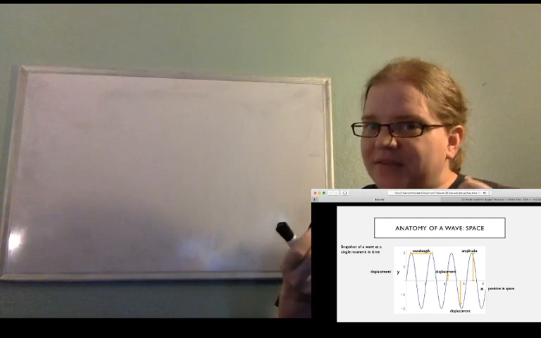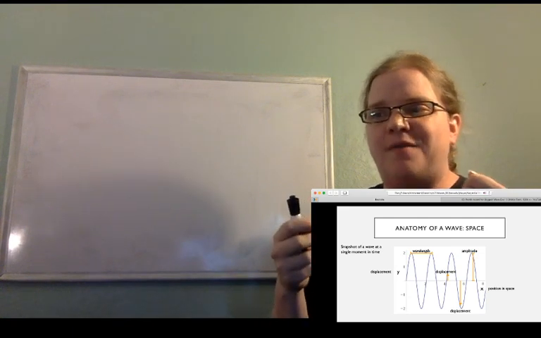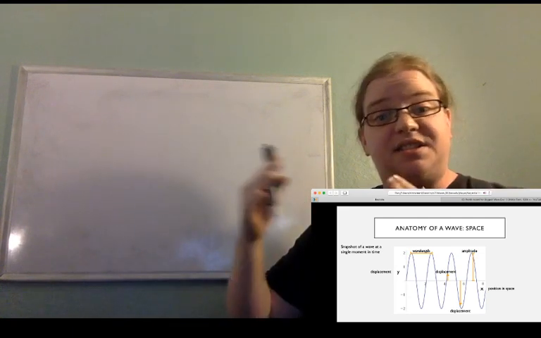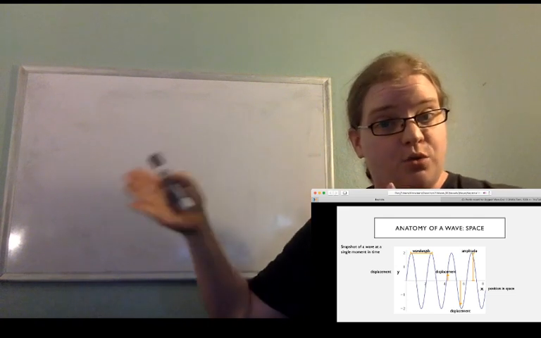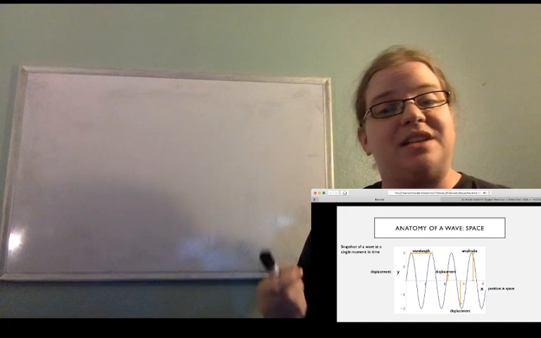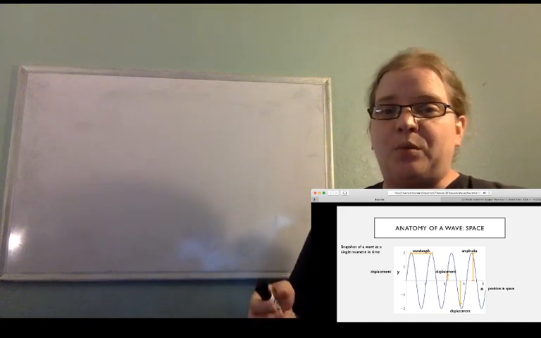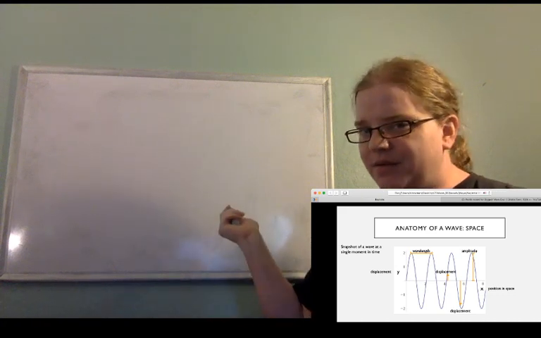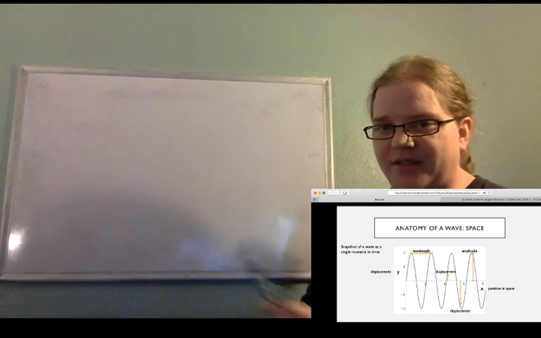Because waves are interesting. They have things that change in space, so it depends on where you look, but also they change in time, and it depends on when you look. But we can't always just draw videos. I mean, I can't draw that at all.